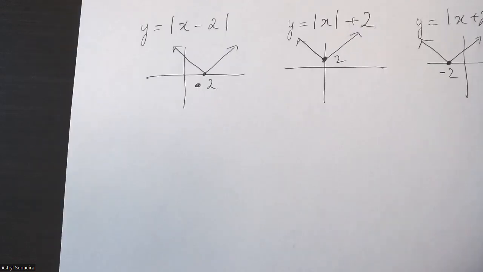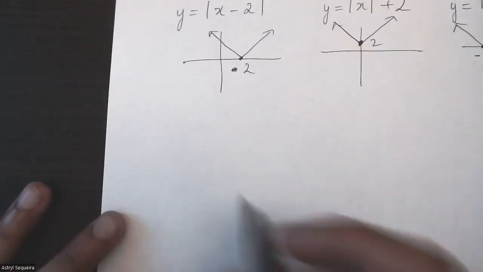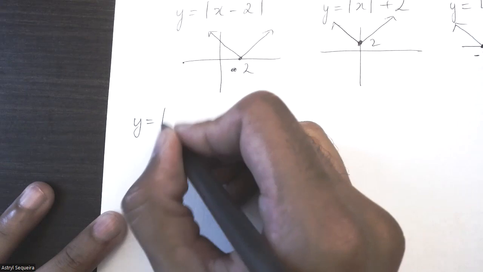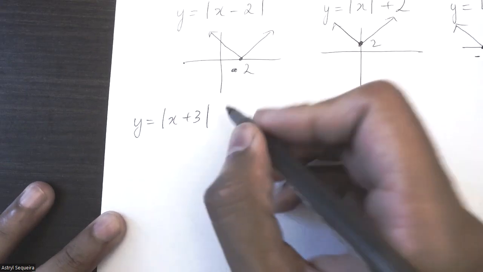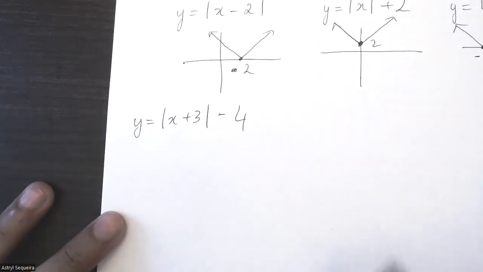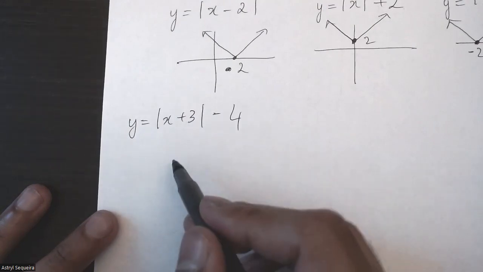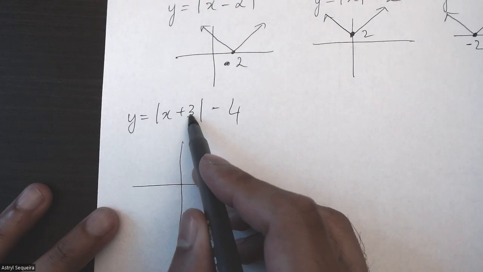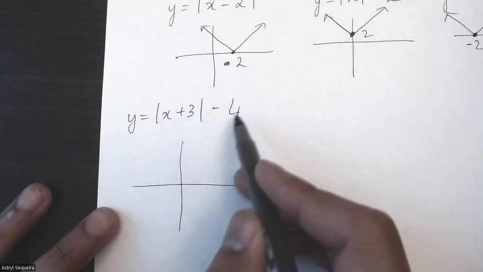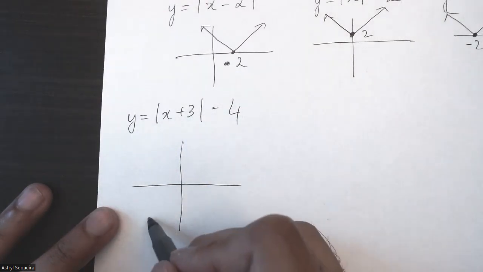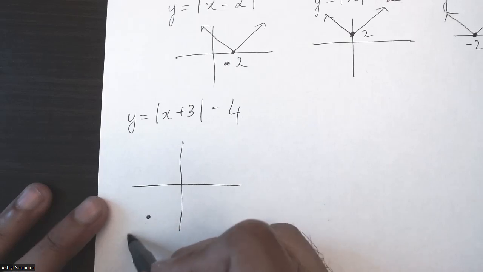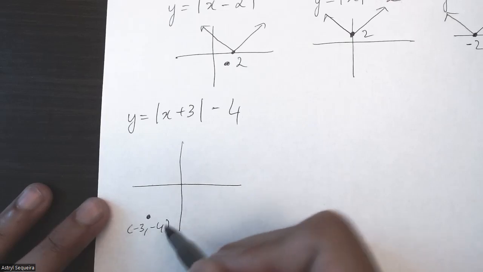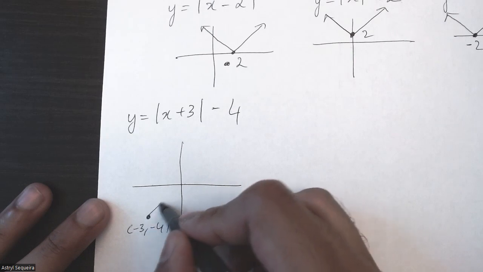You can always get slightly harder questions. So let's start with the first one here, which is absolute of x plus 3 minus 4. This is still a pretty simple question. Shifted left by 3 units and down by 4 units. So left by 3, down by 4, somewhere over here, -3, -4, and then we just go upwards.